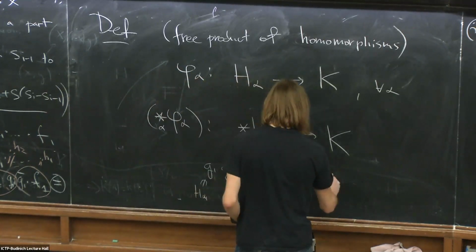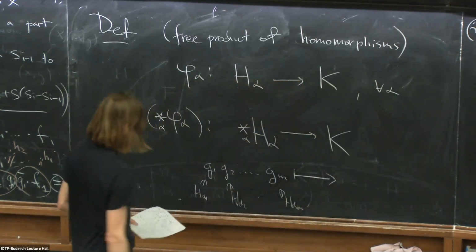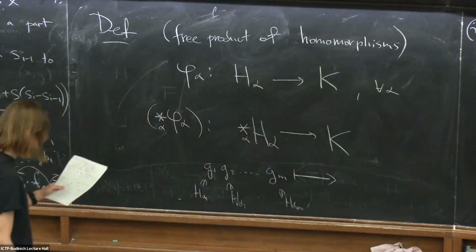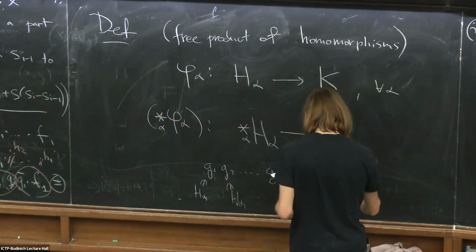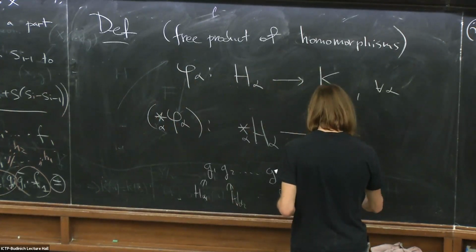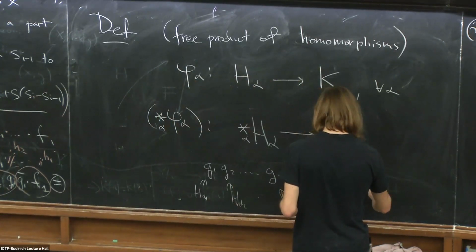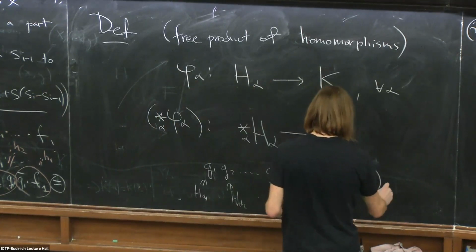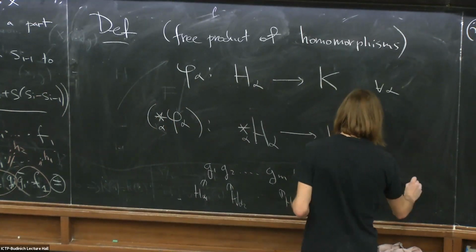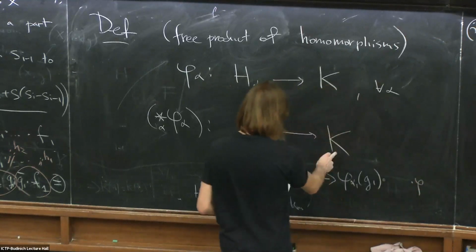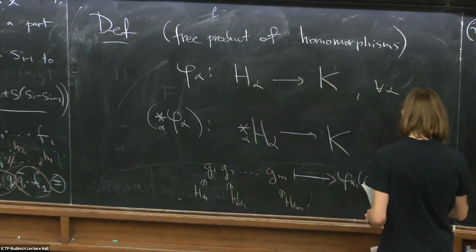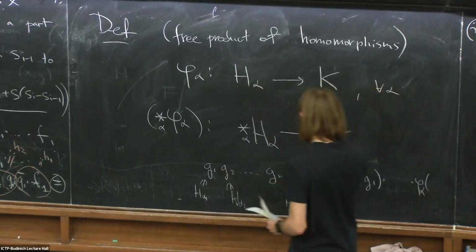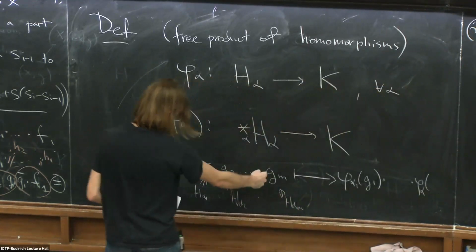This gives an arbitrary element in the free product by definition, and we want to map it to the following. We just take the product in K, the group of images of the individual elements in this word.